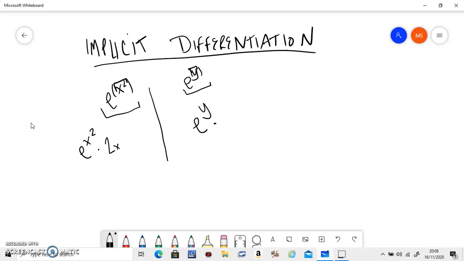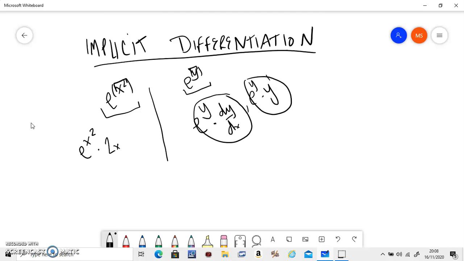We don't know, but we know the notation for it, and the notation is dy by dx. Or you can say e to the y times y prime, because we know y prime means the differentiation of y. This process is implicit differentiation, where now in place of x you will have a y, and you'll have to use the notation of dy by dx to use the chain rule.